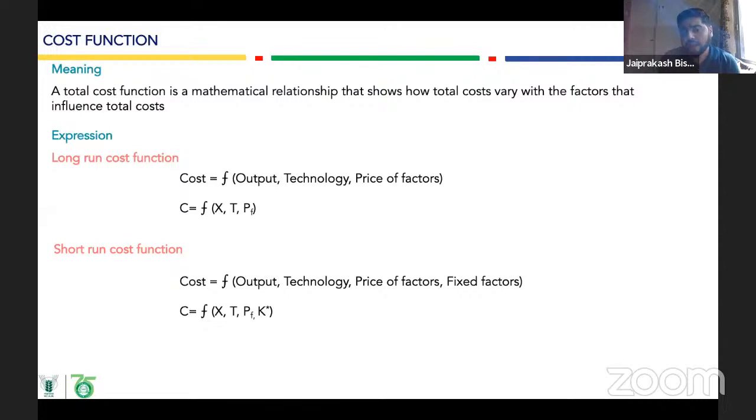Okay, so this is your long run cost function. इसमें कोई भी factor आपका fix नहीं है, ठीक है. But in short run cost function, there are some fixed factors also. We are denoting that with K star here. So short run cost is a function of output, technology, price of factors, and some fixed factors.